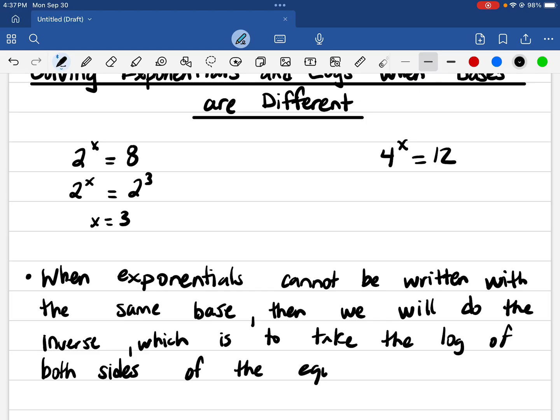And so that's one way we can go about being able to solve that equation, is to take the log of both sides.